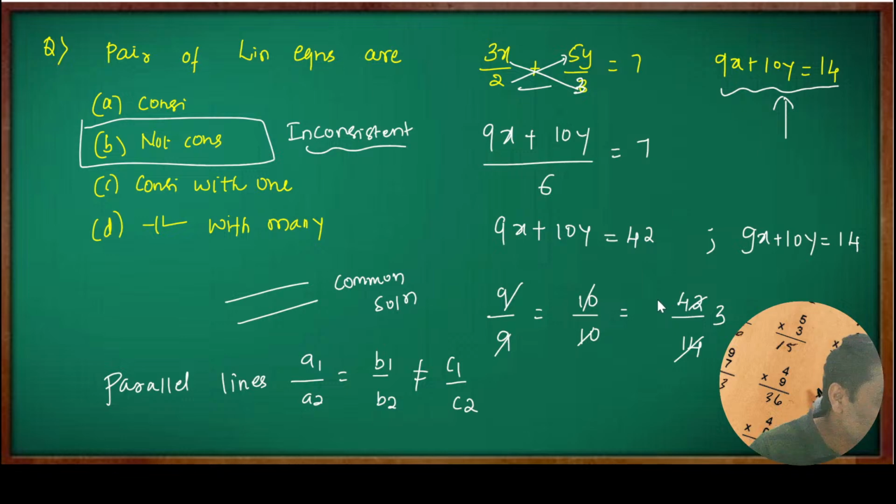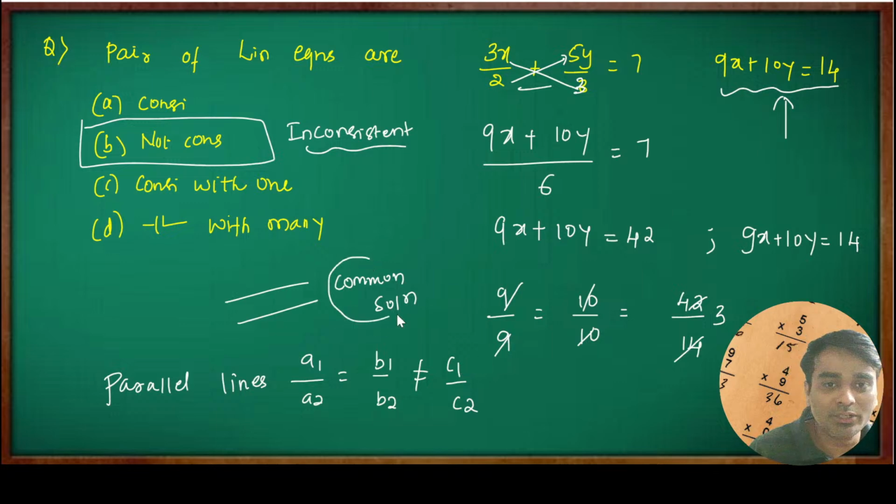No solution, option C. Okay, option C, who is saying? No, option B is the right answer. They are not consistent because they are parallel lines. Means they do not have a common solution.